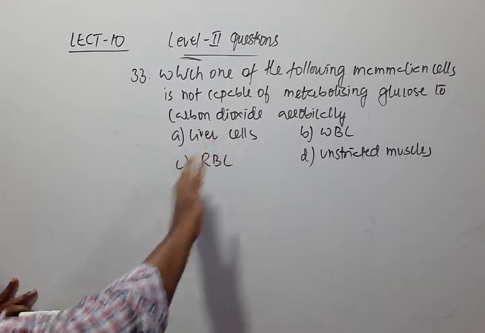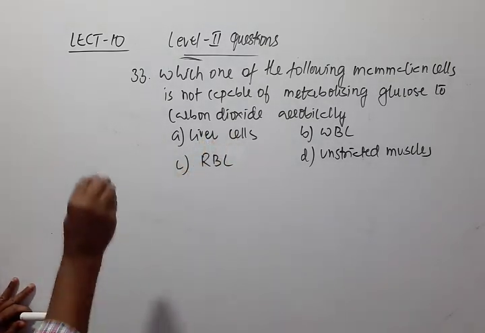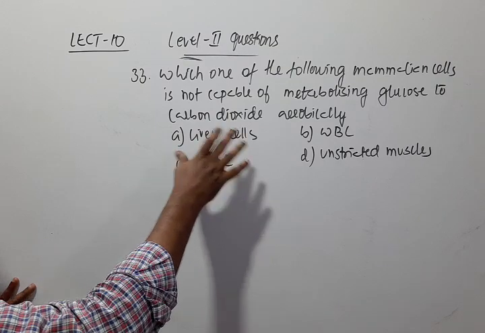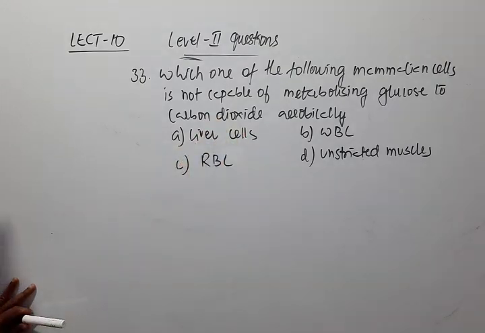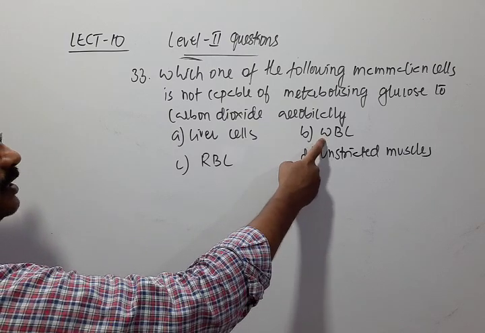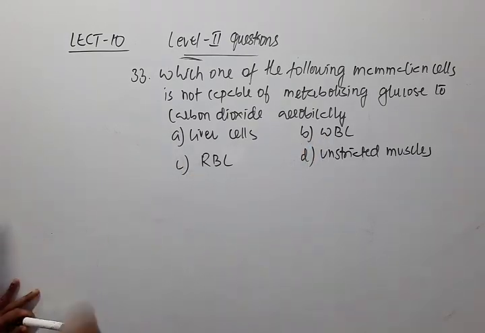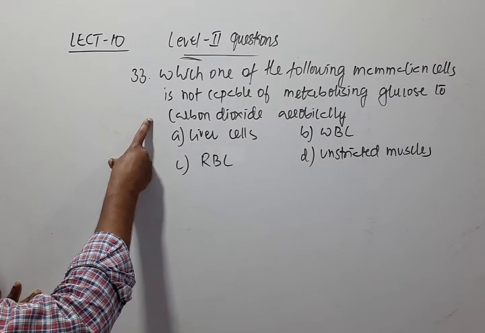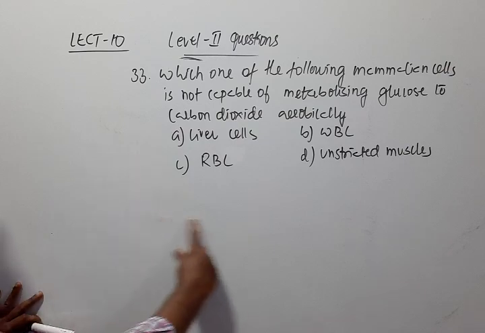Liver cells have all the cell organelles, and they will metabolize glucose to carbon dioxide aerobically. Even WBCs have a nucleus and other cell organelles including mitochondria, and they also metabolize glucose to carbon dioxide.